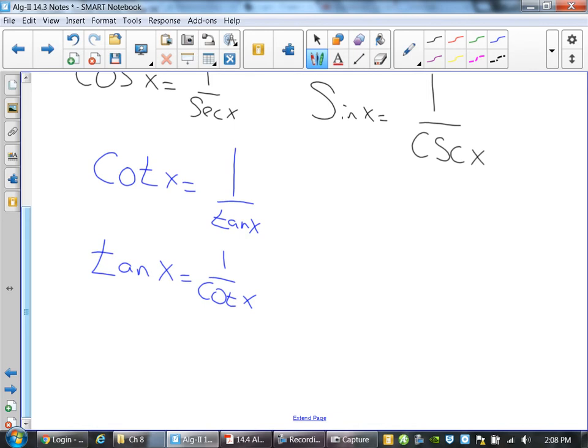Speaking of tangent and cotangent, tangent is what over what in terms of sines and cosines? Y over x, otherwise known as sine over cosine. Very good.